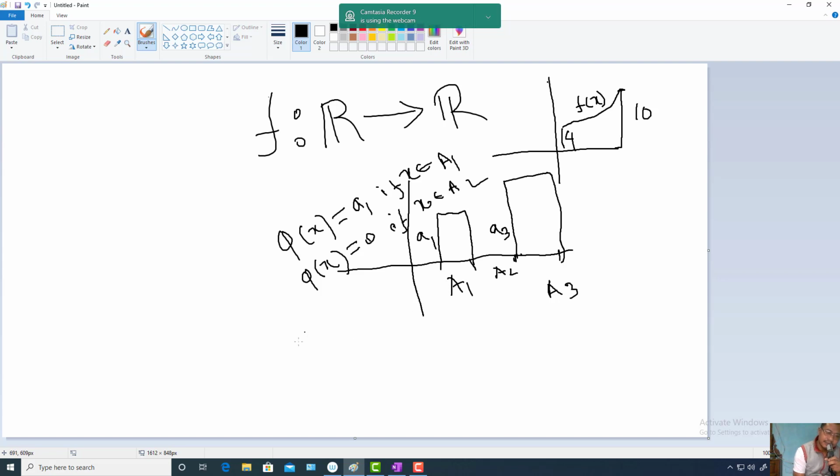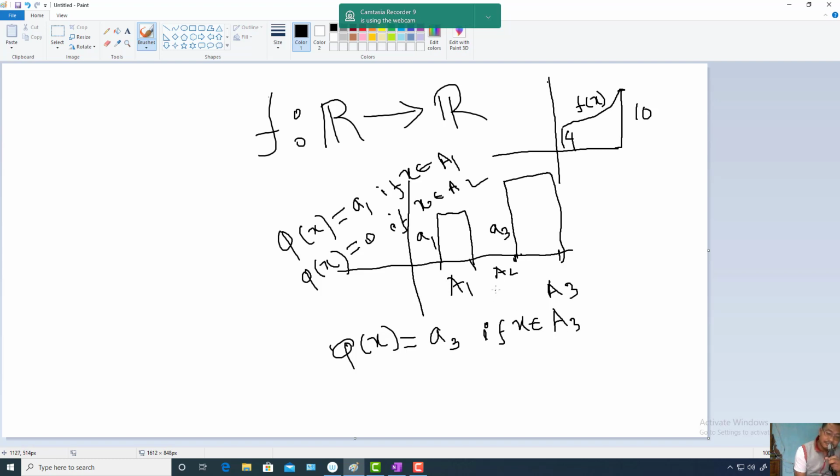So phi(x) is equal to a3 if x belongs to A3.